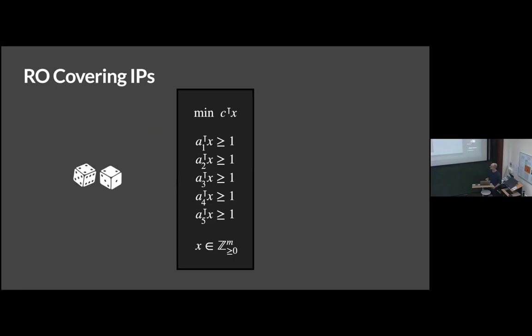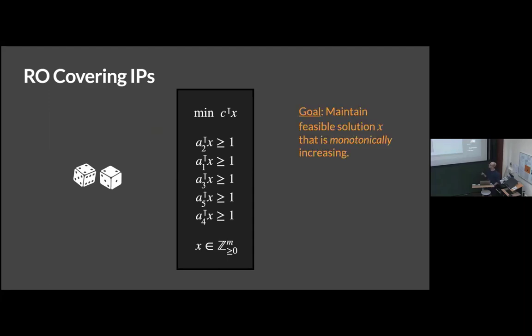The adversary rolls dice, and these constraints are unknown, and then we're fed them one by one in a random order. The goal is to maintain a feasible solution to this IP, even as the constraints arrive online, with the constraint that our solution must be monotonically increasing. Set cover is the special case when the constraint matrix is 0, 1. It's a nice sandbox to understand things.